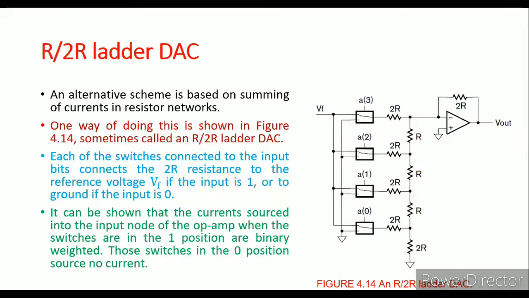For a node which receives the position as 1, the current flows, and that current is given to the op amp summer, which we already studied in linear ICs, or in basic electronics. We have studied the summer circuit, differentiator, integrator, so many different applications of an op amp. So one of the op amp applications we are using here in R-2R is summing.